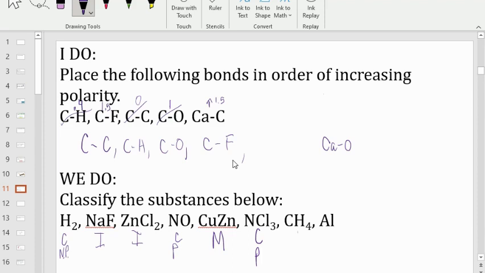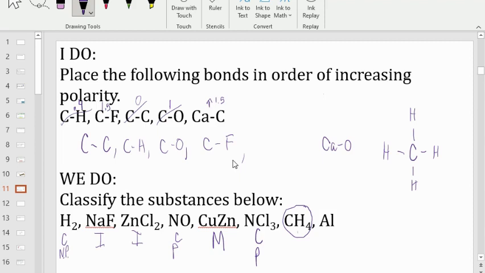When we look at this guy, if we are looking at electronegativity differences, the electronegativity differences are 0.4. So this is going to be classified as a nonpolar bond, but you also have to look at the structure of this.